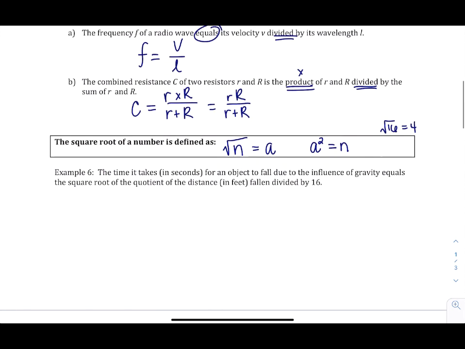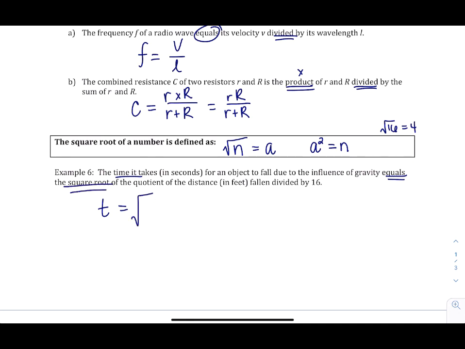Now looking at example 6, we're looking for the time it takes in seconds for an object to fall due to the influence of gravity equals the square root of the quotient of the distance fallen divided by 16. There's a lot going on here, but how would we write this as a formula? Well, we know the time is what we're looking for, and it equals the square root.